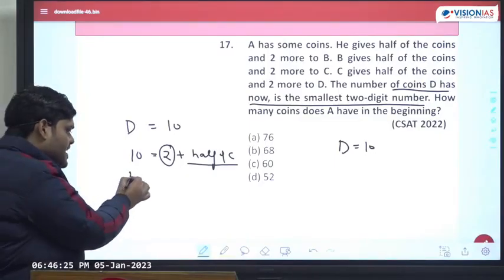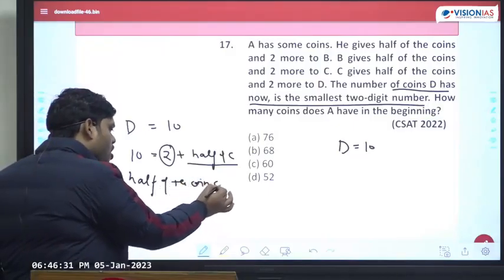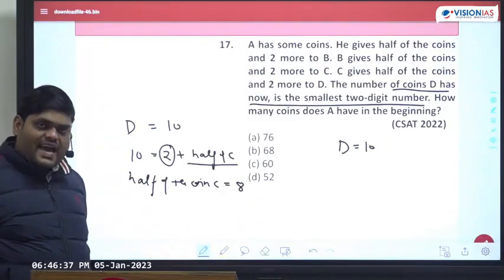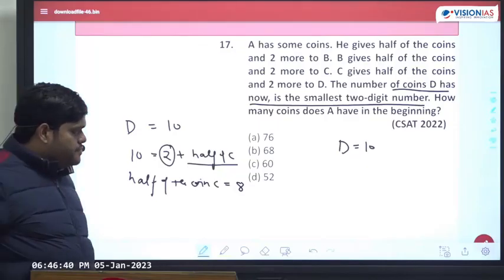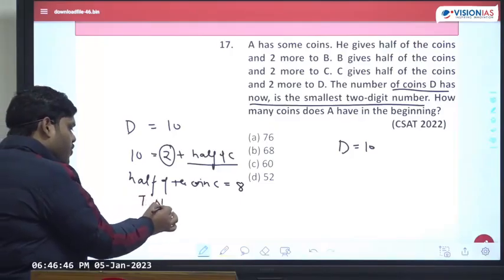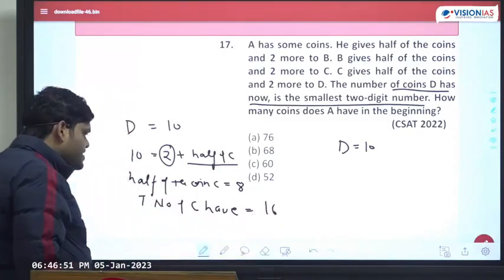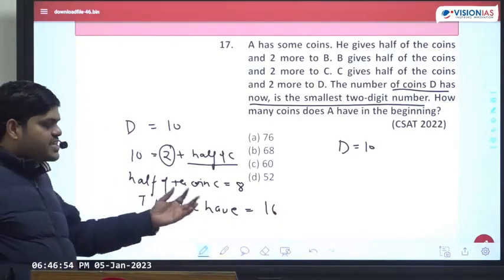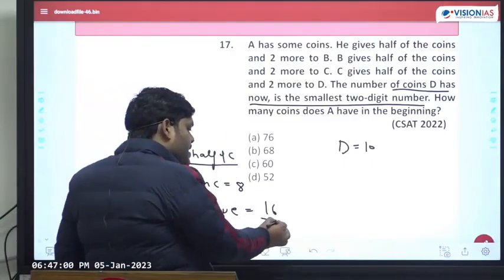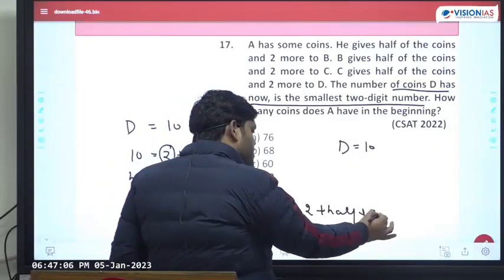So from here we can say that half of the coins of C is simply 8. Now, the total number of coins C has is equal to 16. Now from where are the coins coming to C? B gives half of the coins and 2 more to C. That means the total number of coins C has is 2 plus half of B's coins.